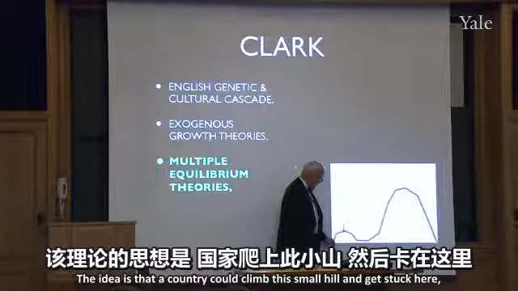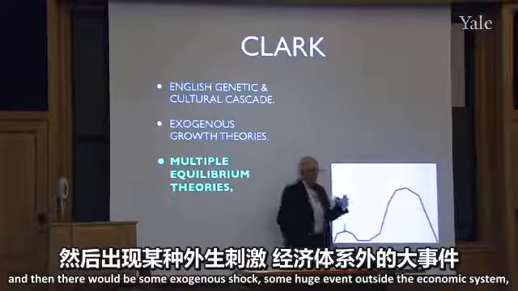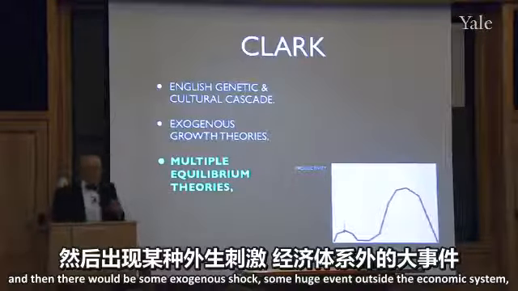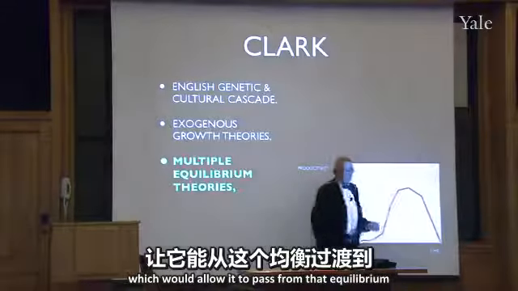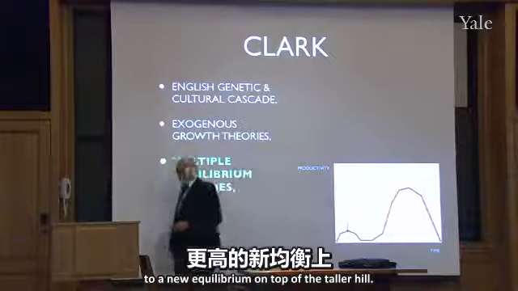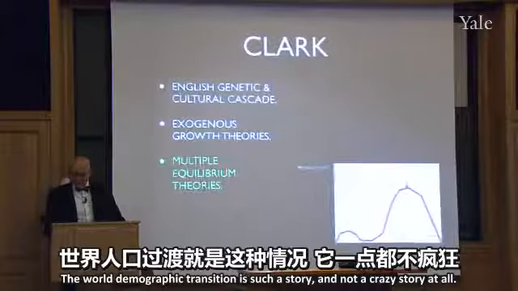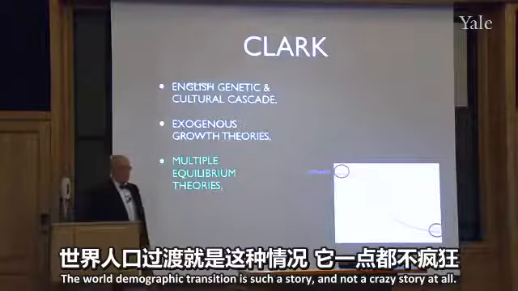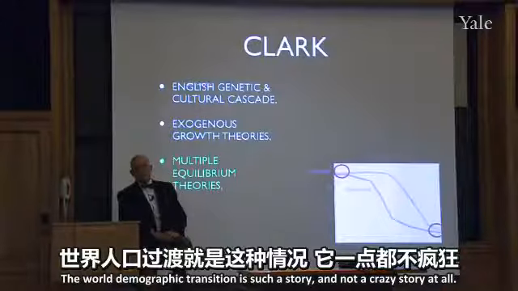A country could climb this small hill and get stuck here, and then there'd be some exogenous shock, some huge event outside the economic system, which would allow it to pass from that equilibrium to a new equilibrium on top of the taller hill. And the world demographic transition is such a story, and not a crazy story at all.